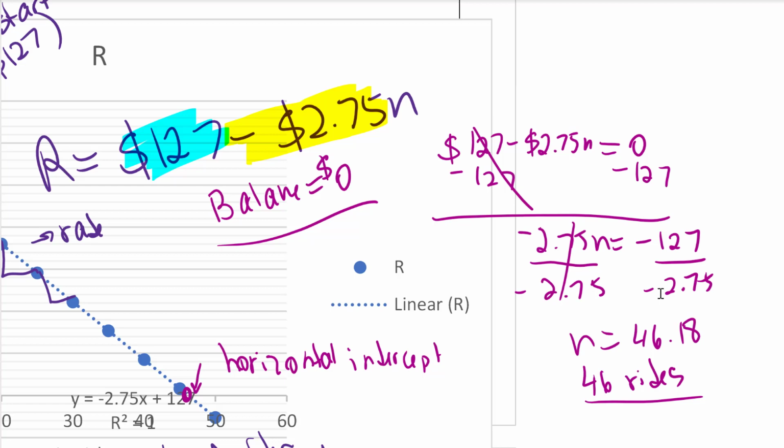So will it last Francisco for the entire time? Well, it doesn't look like it, because he travels for every weekday. Well, actually, it says there are about 22 weekdays in a month on average. So 22 weekdays, so that's 44 rides.